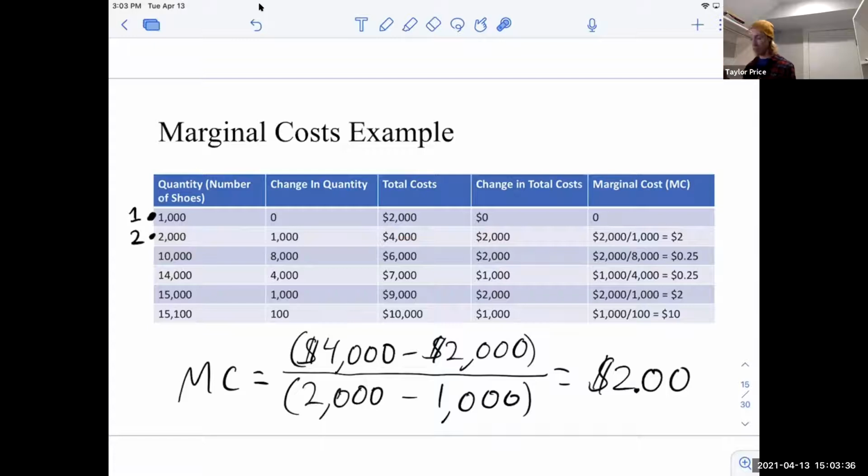The total cost of 4,000 needs to go with the quantity of 2,000. Then you have 2,000 minus 1,000, which, when you solve the equation, gives you a marginal cost of $2. So it's important to remember that process and how to get to the final marginal cost number.